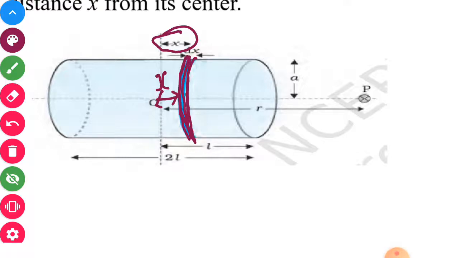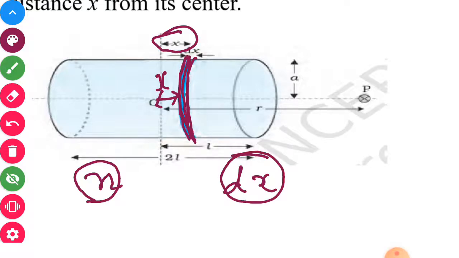There must be some number of turns in it. Number of turns per unit length, meaning the number of turns in 1 centimeter or 1 meter, is say n. Try to understand, n is the number of turns in unit length, 1 meter or 1 centimeter, whatever you take. Then in dx, how many turns will be there?